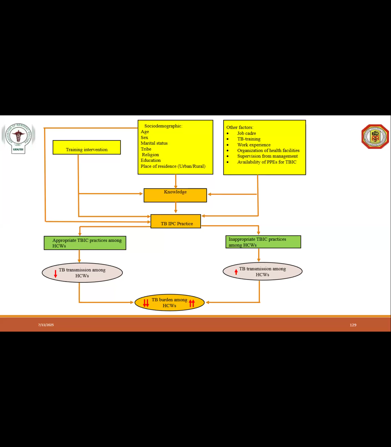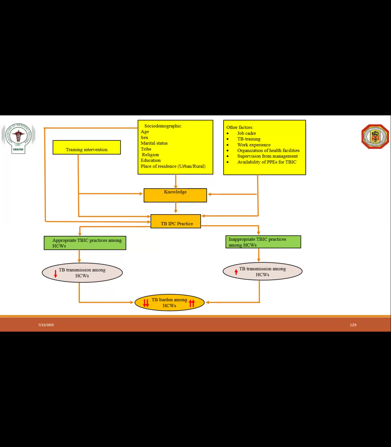So those that have appropriate practice, the TB transmission among them will be reduced. You see, that is why that red arrow is going down. So the TB transmission will be reduced as a result of appropriate IPC practices among this type of healthcare workers. But on the other hand, you see those that have an inappropriate IPC practice, their TB transmission will do what?